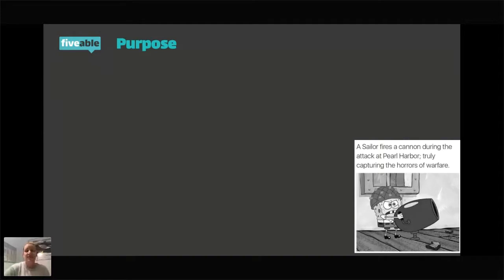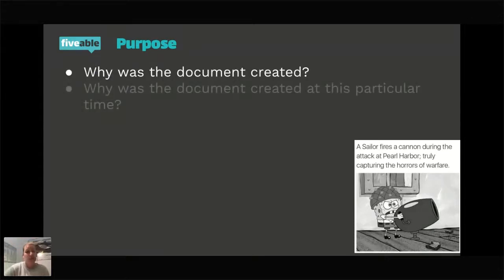The purpose is meant to be for that time period. What was the purpose at the particular time period? Why was the document created? Is there a goal? Is there a specific thing that this document is trying to accomplish? Why were they creating this document? Why was the document created at this particular time?